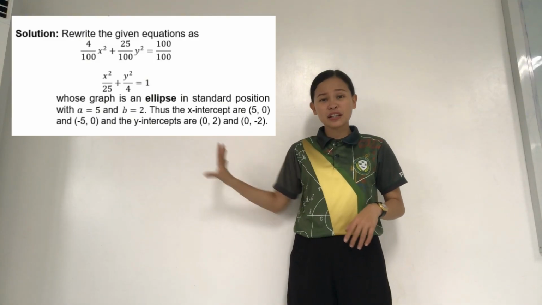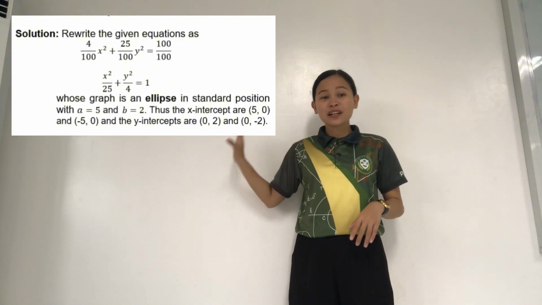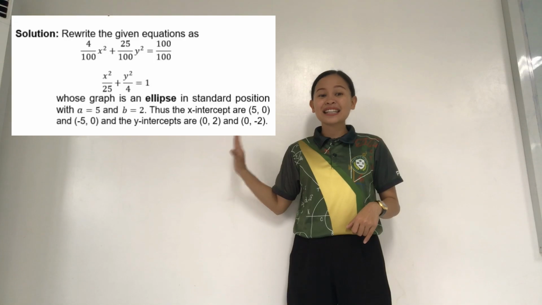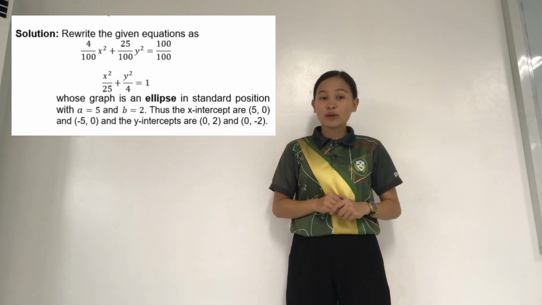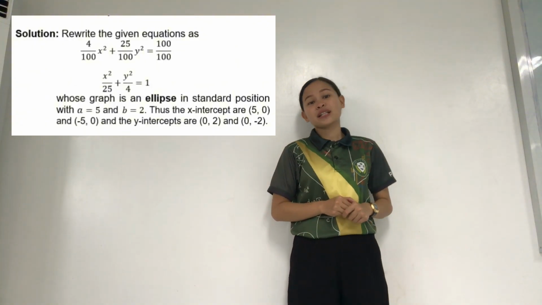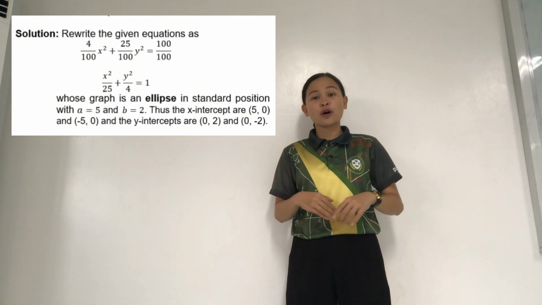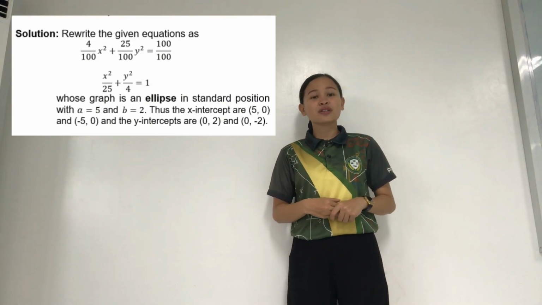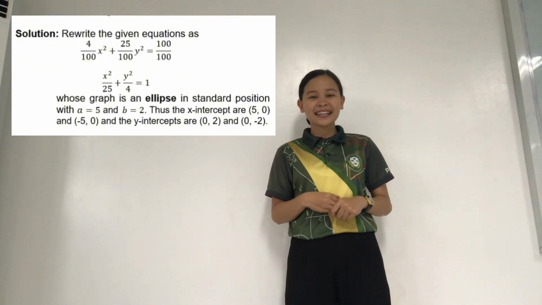Yes, this is an ellipse in the standard position where a is equal to 5 and b is equal to 2. Thus, the x-intercepts are (5, 0) and (negative 5, 0), and the y-intercepts are (0, 2) and (0, negative 2). Okay, great job.